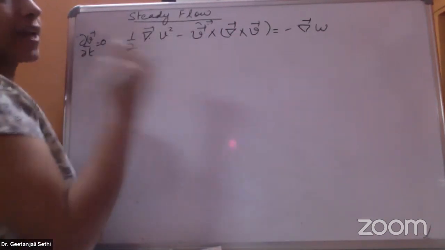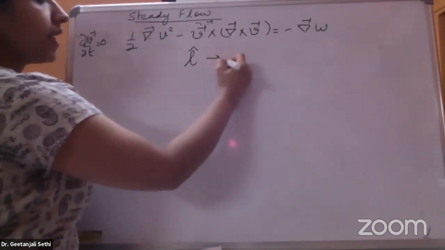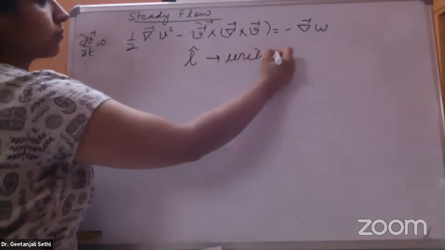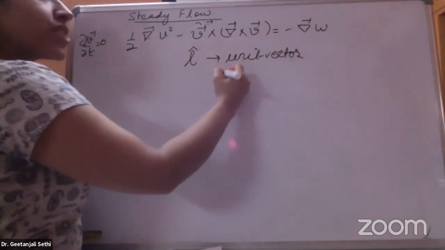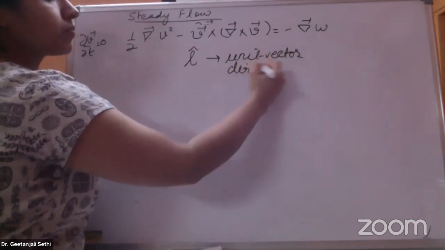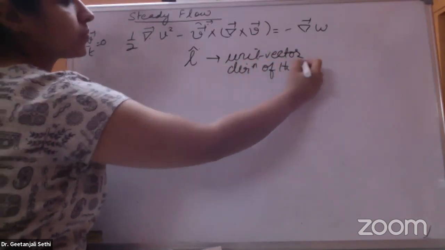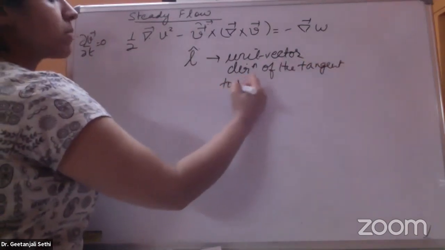So let us say L cap is a unit vector that gives you the direction of the tangent to my streamline.